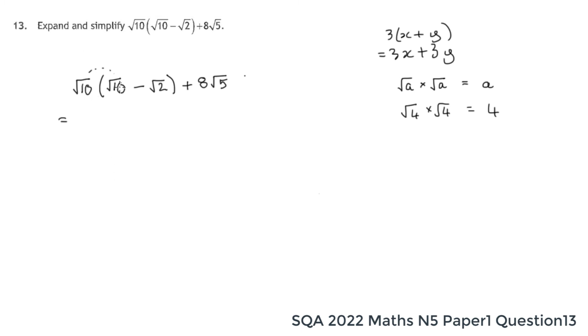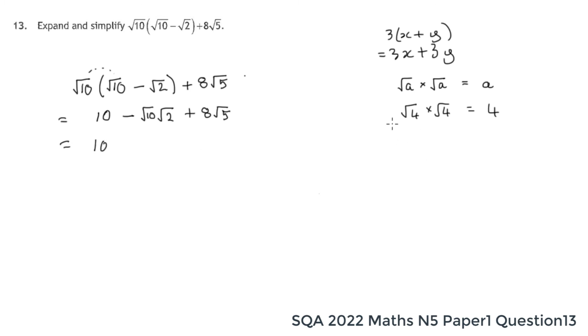So root 10 times root 10 will give you 10. Root 10 times root 2, there's something we're going to have a look at in a second. And we've still to add 8 root 5. Now notice that root 10 is not multiplying the 8 root 5. The root 10's domain is just everything that's in this bracket. So there we go. So we've got 10 minus.